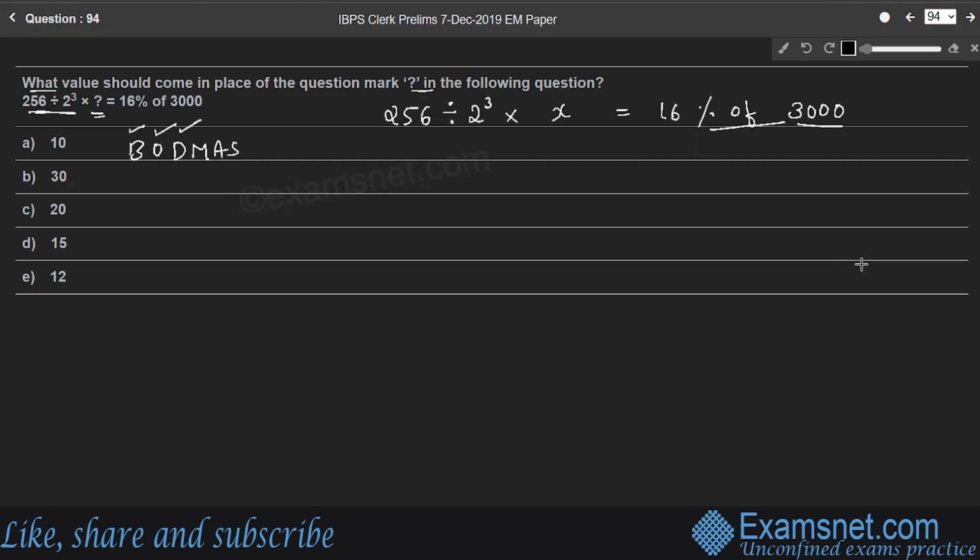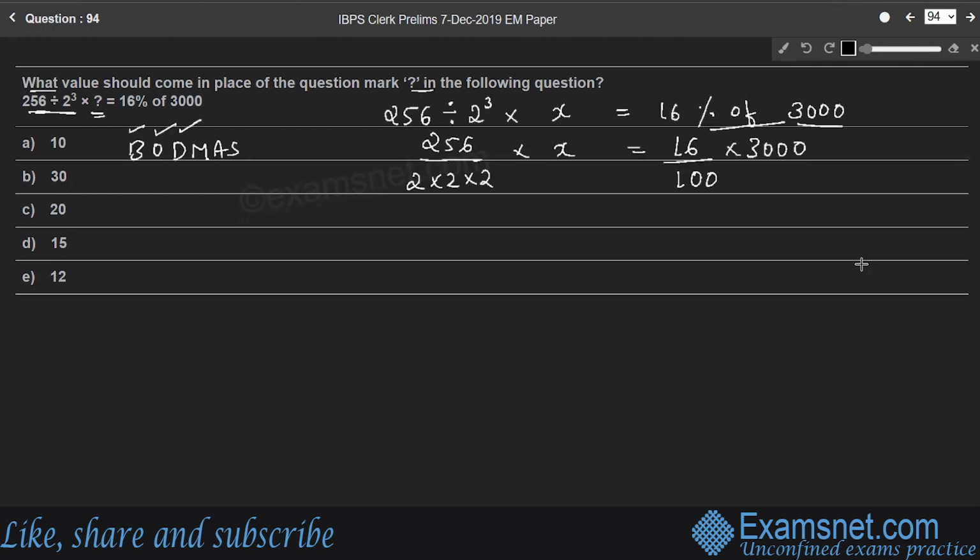So 256 by 2 cube, 256 divided by 2 into 2 into 2. So directly you can write it as 8 into x is equal to 60% means 60 by 100 into 3000.